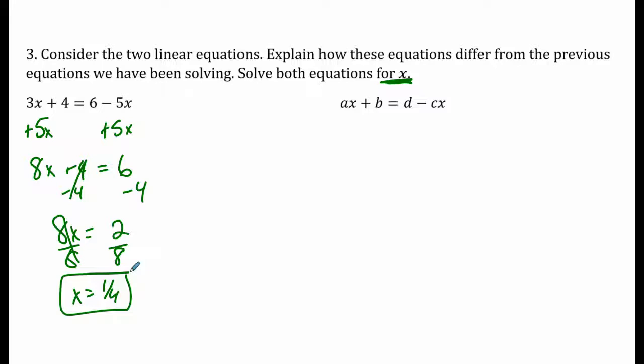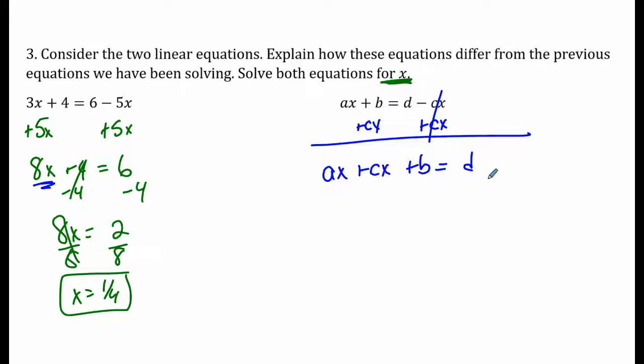So how does that help me solve this equation over here? Well, the first thing I did was I added 5x. So let me add cx to both sides. And I end up with, oh, wait a second, I can't really combine like terms here. So let me just write it out. ax plus cx, that's that 8x there. That together gave me 8x plus b equals d.